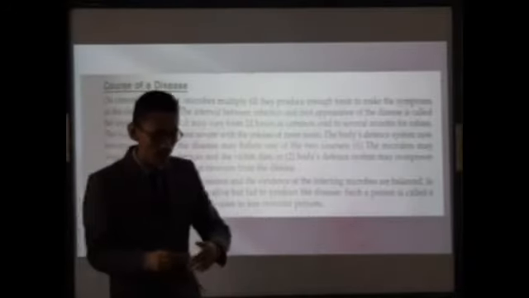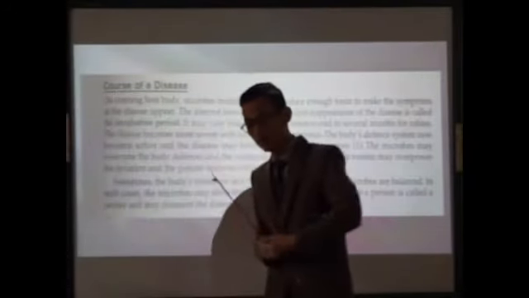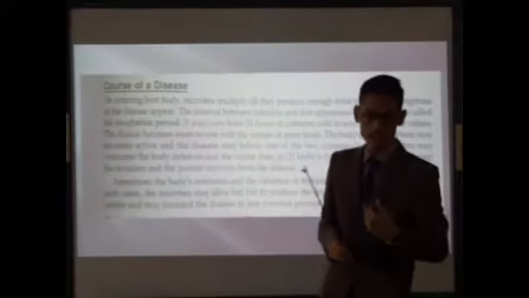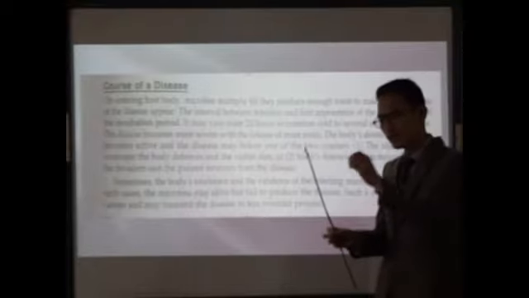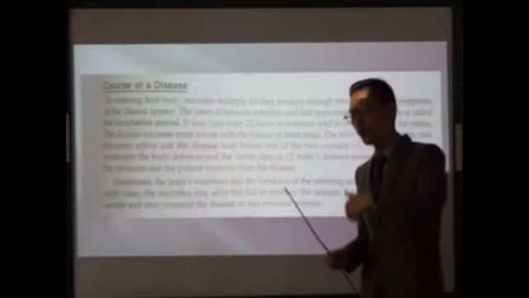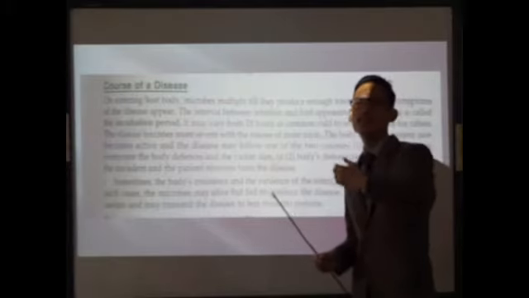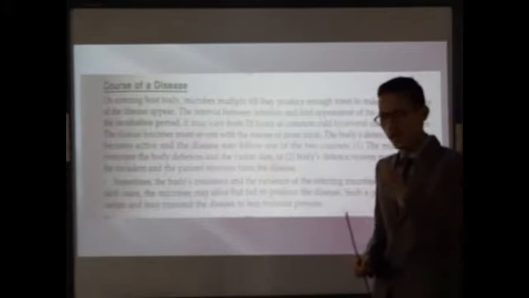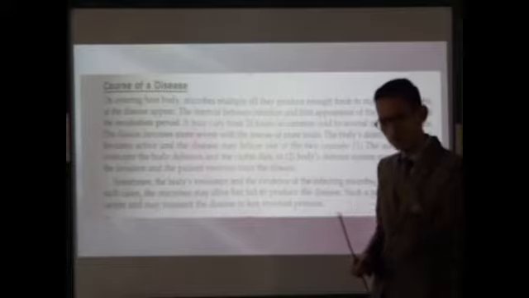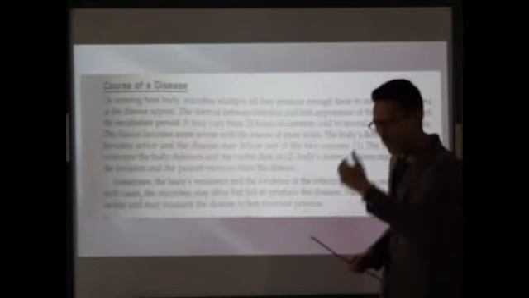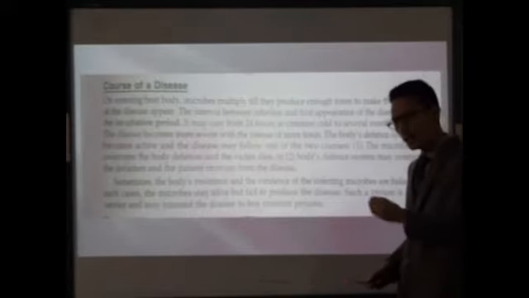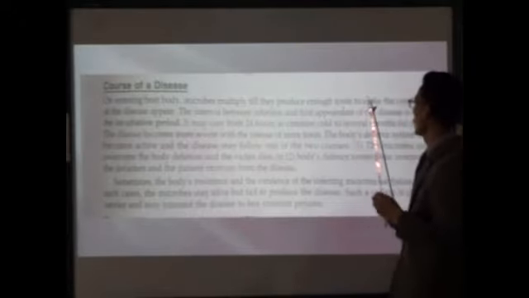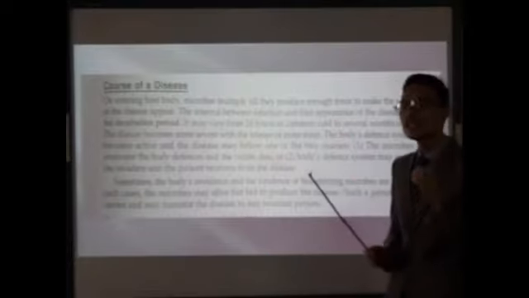Now, next one. What are the causes of a disease? How does the host show the symptoms of a disease? Whenever the pathogens enter the body of a host, they rapidly multiply in number. And they will produce enough toxins to make the symptoms of the disease appear.